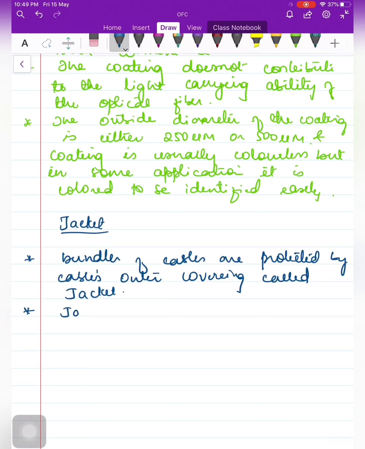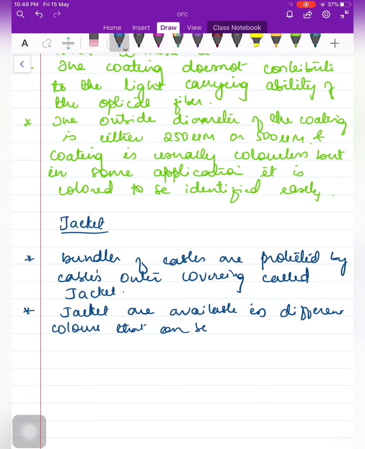So these jackets are available in different colors that can be easily used to recognize the exact type of the cable we are dealing with.